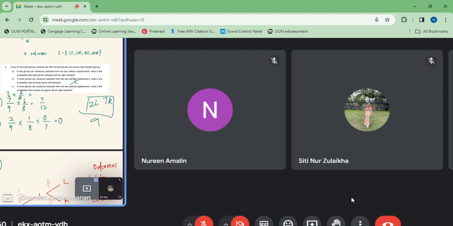It will not occur. It will be 0 because we only have 2 left-handed gloves. When you do the calculation like normal, for 2 it's 2 over 9 times 1 over 8. And then the third time, we don't have left-handed gloves already. So it becomes 0 over 7 and it equals 0. Okay?